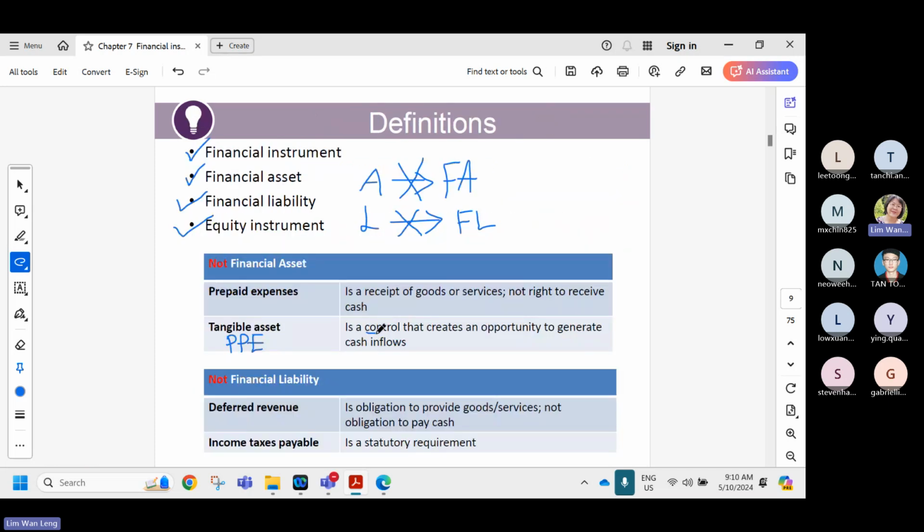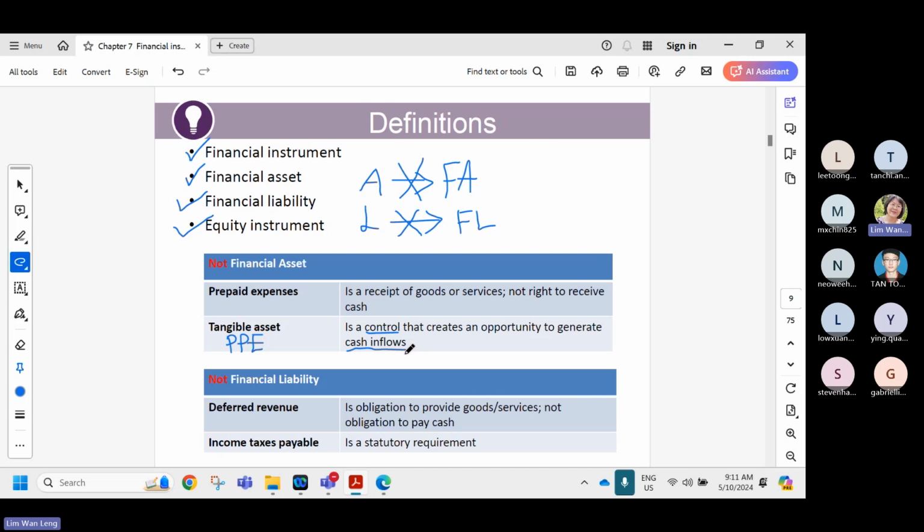Rather, you have control over the PPE, and that control helps you generate cash inflows. If, for example, the price of the building has gone up, it gives you more money because the building has appreciated.